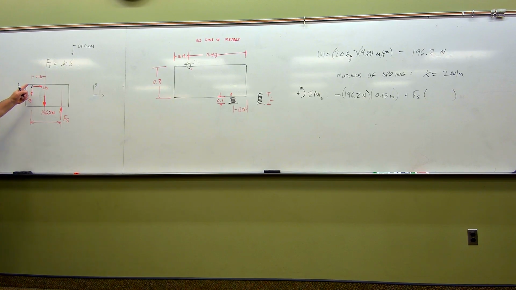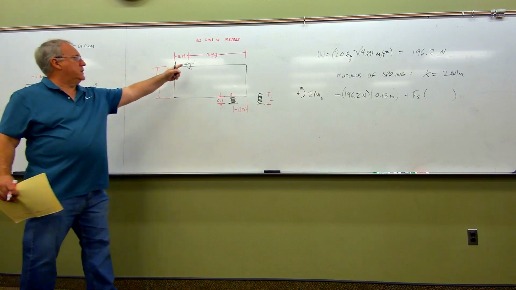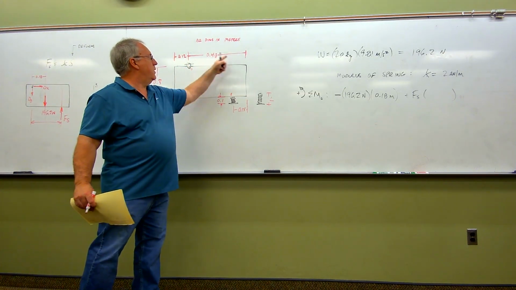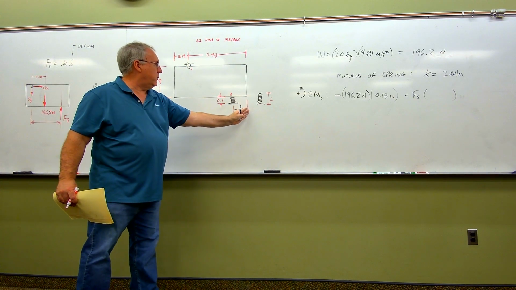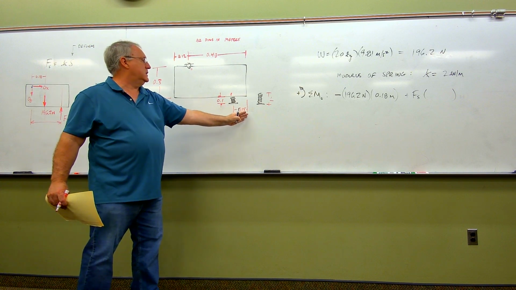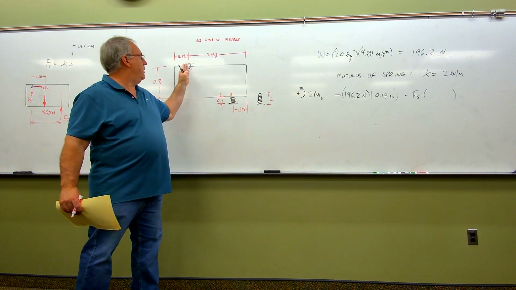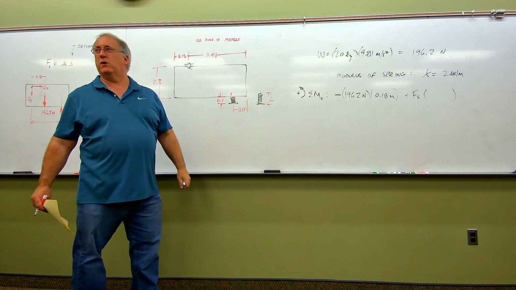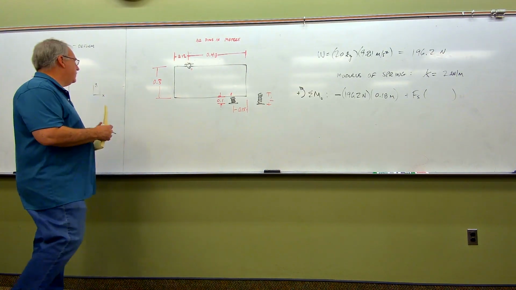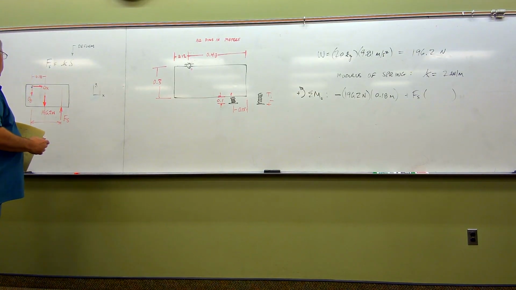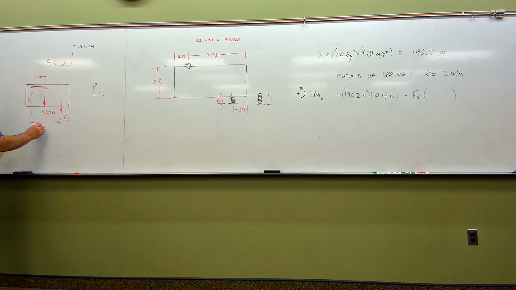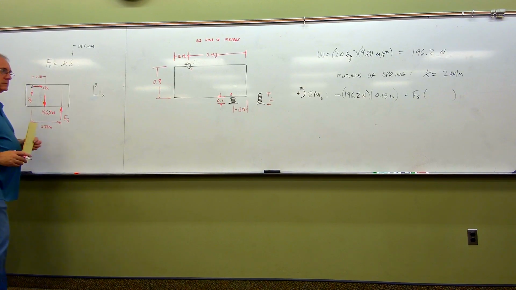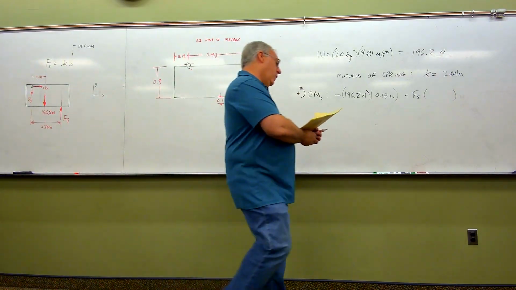Keep in mind, the distance from here over to here was 0.48, but this force comes back in 0.15. So if I go 0.48 and then subtract 0.15 from that, I'm left with 0.33, if I'm doing my mental math right. So that distance, therefore, should be 0.33. Now over to here.